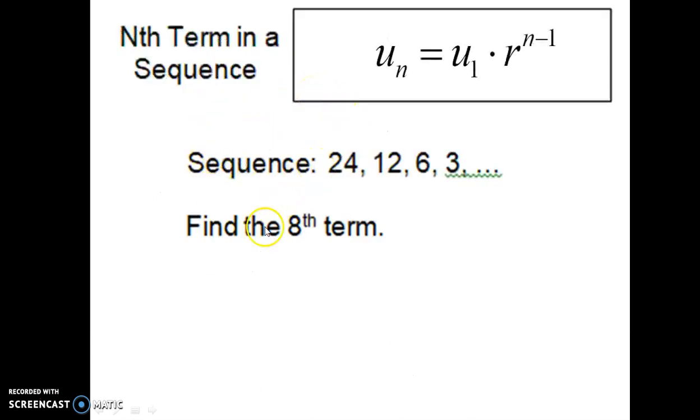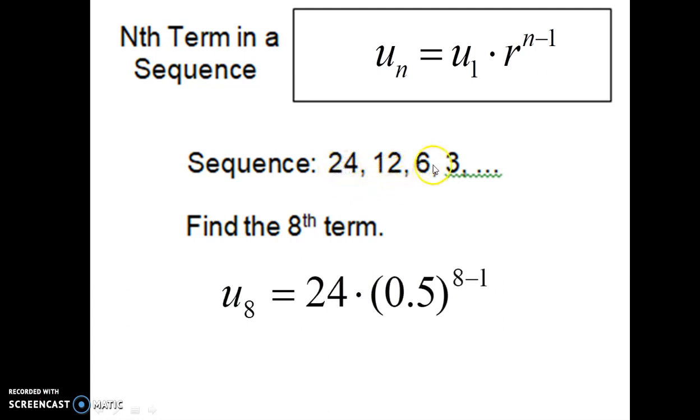So on your notes page, on the back where you have the 4 main squares for the 4 rules, or the 4 main formulas you're going to have to learn, put this one in for the nth term in a geometric sequence. There's the rule. And here's the example we're going to look at. So again, the multiplier here was 0.5, 0.5, 0.5.